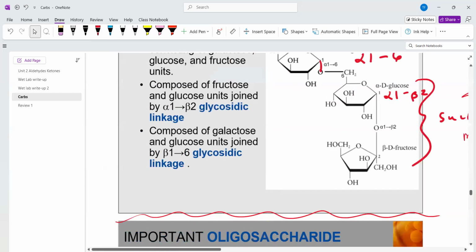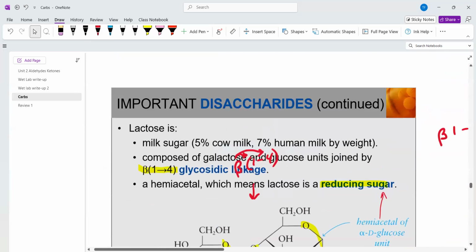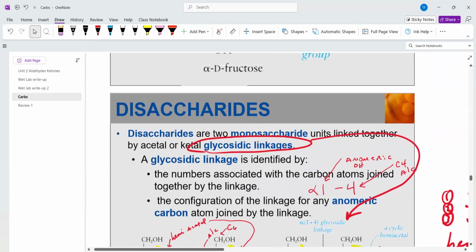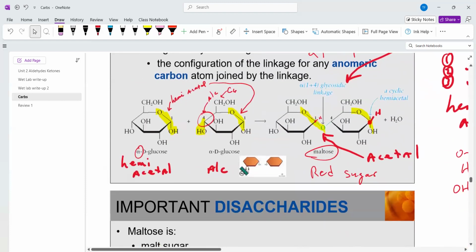Let me just show you that maltose again real quickly. This is maltose. It's got two glucoses. The one on the right is a hemiacetal. The one connecting the two is a full acetal. So hemis open up, fulls do not.